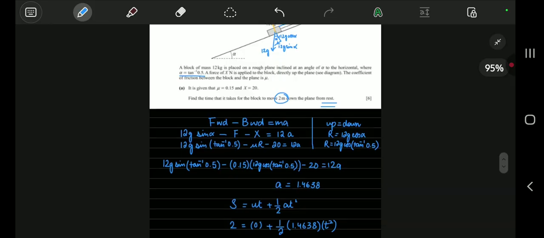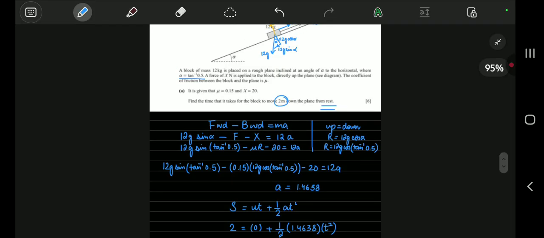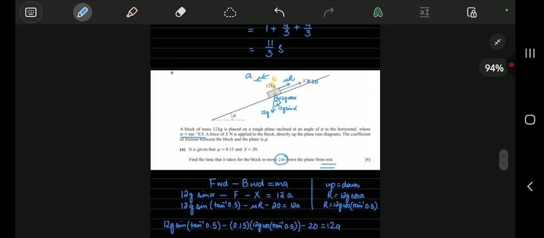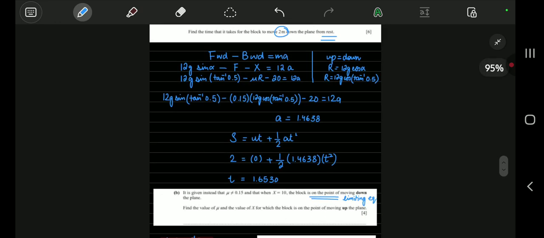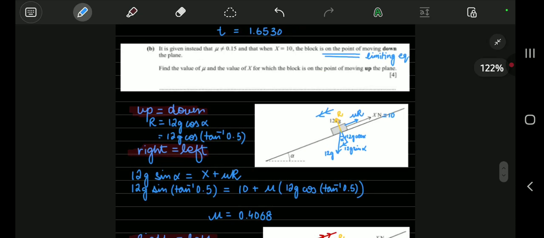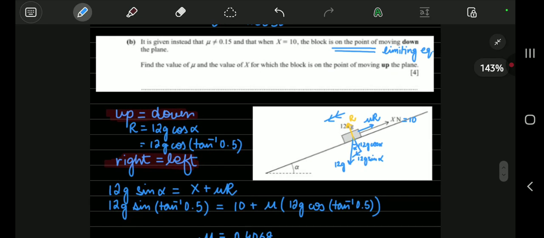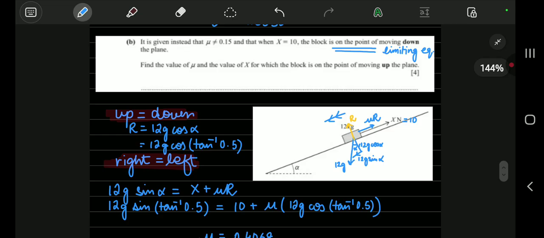So what we have done in part A, the body is accelerating downwards, so we applied forward minus backward equals ma to find the acceleration, and actually we needed time, so then we substituted in the equation of motion to find time. Then secondly, in part B, they asked you to find mu and x. They have given you two cases, first about to move down and then about to move up, so we used each case.